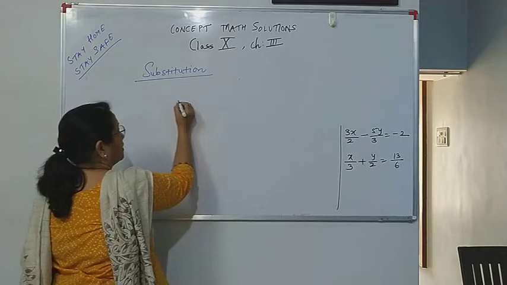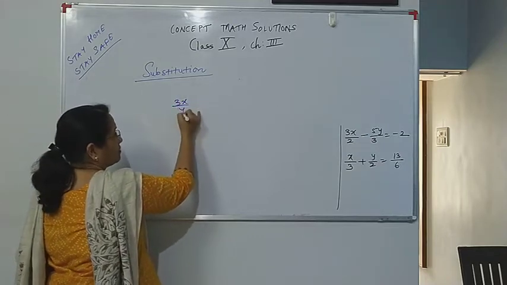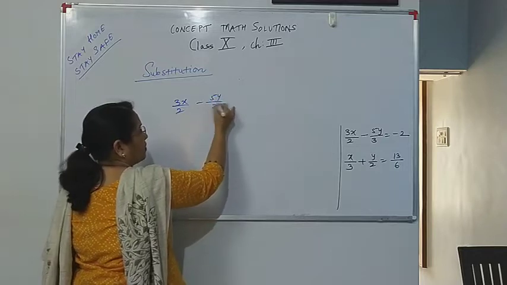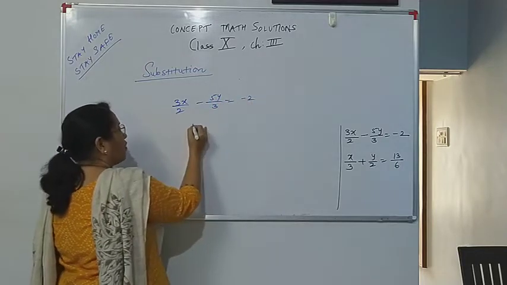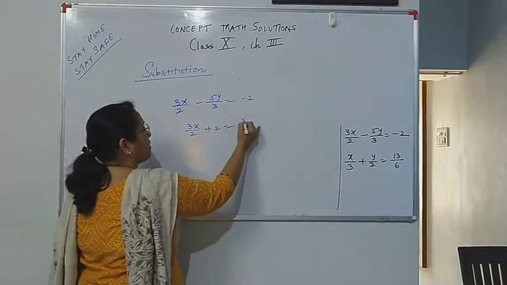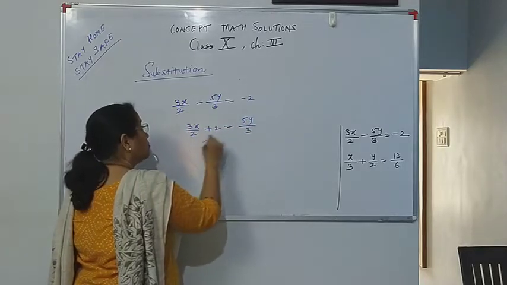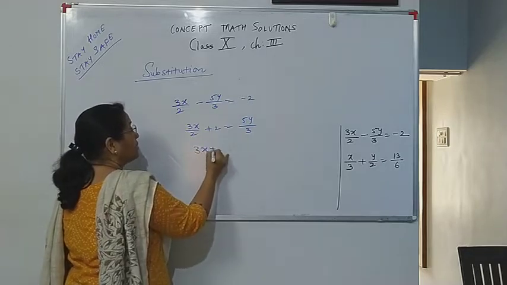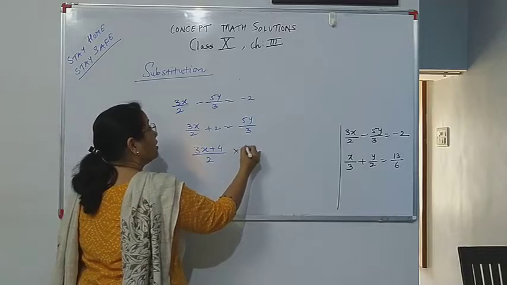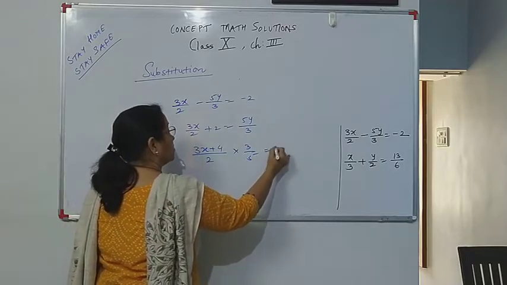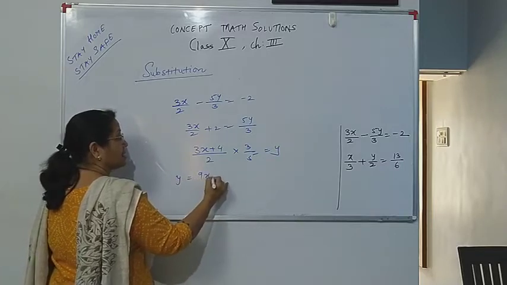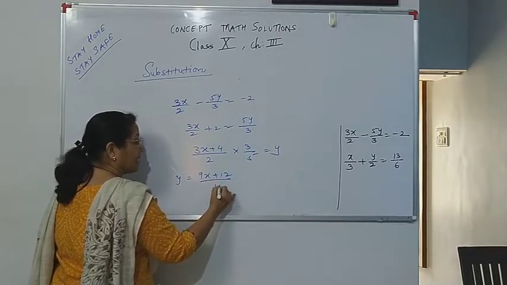Now if I have to work on this, 3x by 2 minus 5y by 3 equal to minus 2. So what I will do is 3x by 2 plus 2 is 5y by 3. I am going to substitute y now. 3x plus 4 by 2, I have taken LCM, into 3 by 5 is y, right? So y is 9x plus 12 by 10.